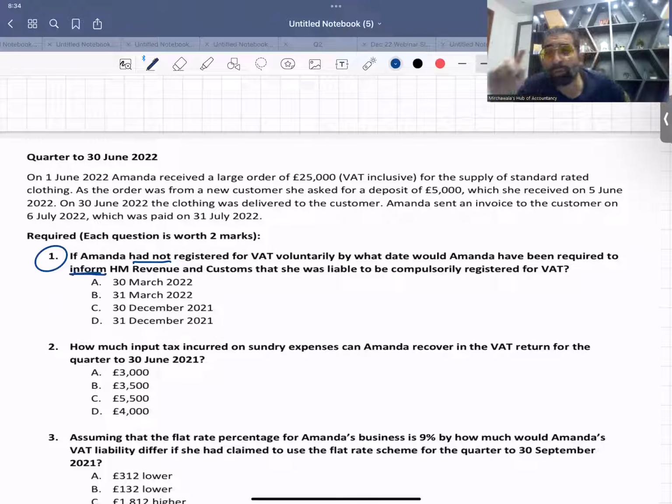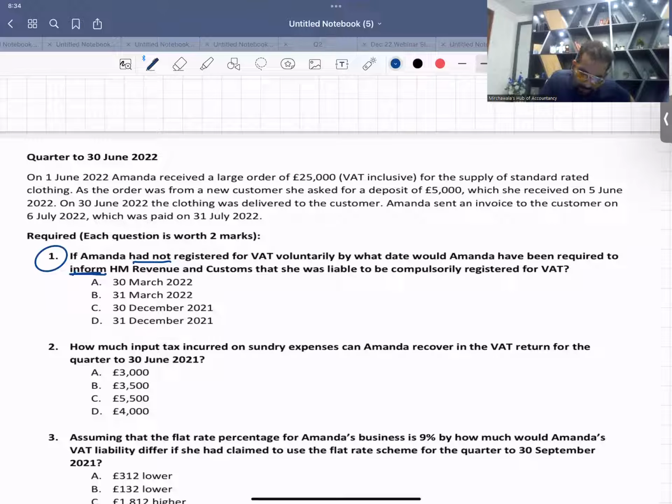Inform doesn't mean that from this day the tax department will give you registration. Inform means it's our duty. The next step is that the tax department will make us register. In this question they are asking what is the last day to inform.